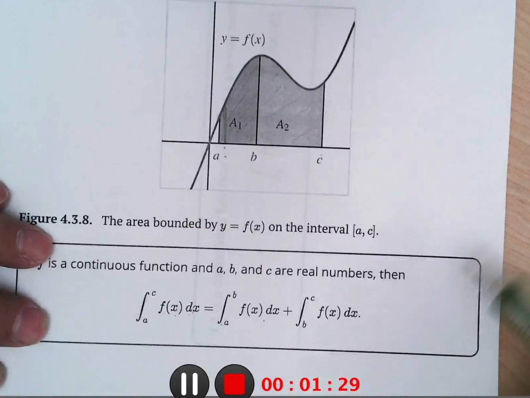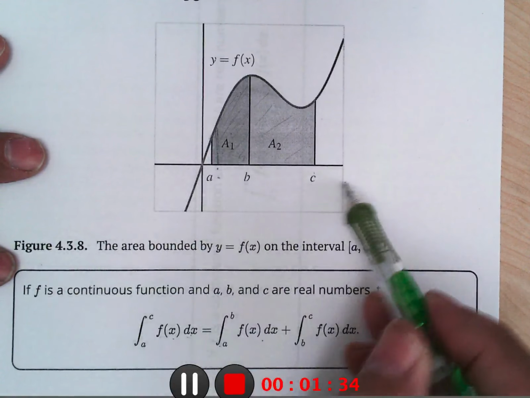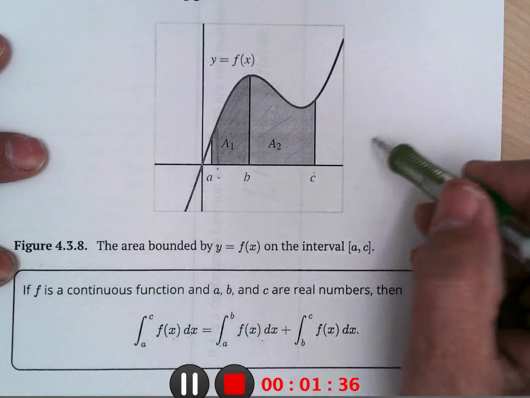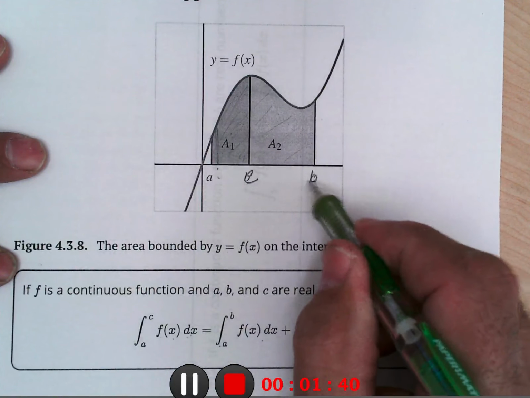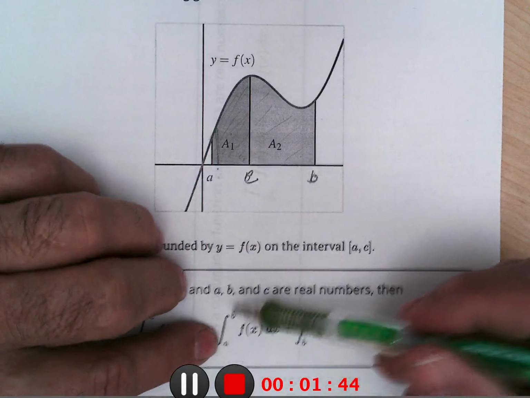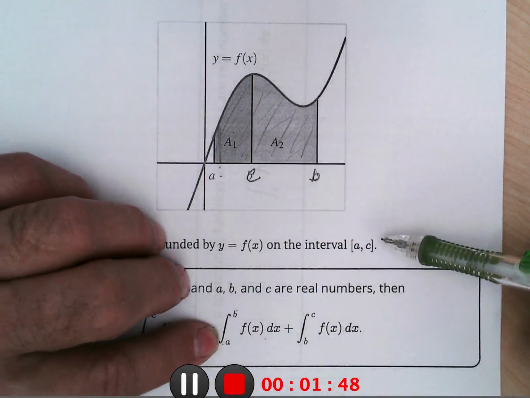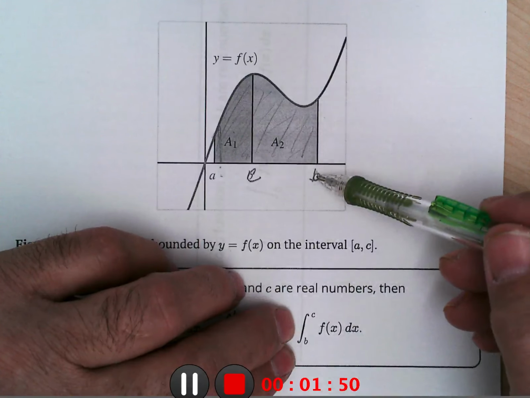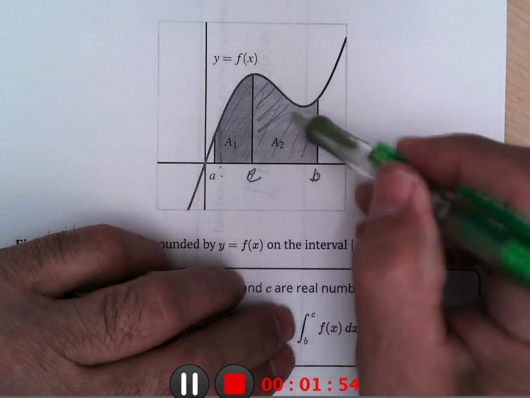A question that sometimes arises is, what if A, B, and C are not in that order? What if, for example, this was C and this was B? Well, then the area from A to B would be all of this, and the area from B to C would be from here to here, which is backwards, so that would make this area negative.